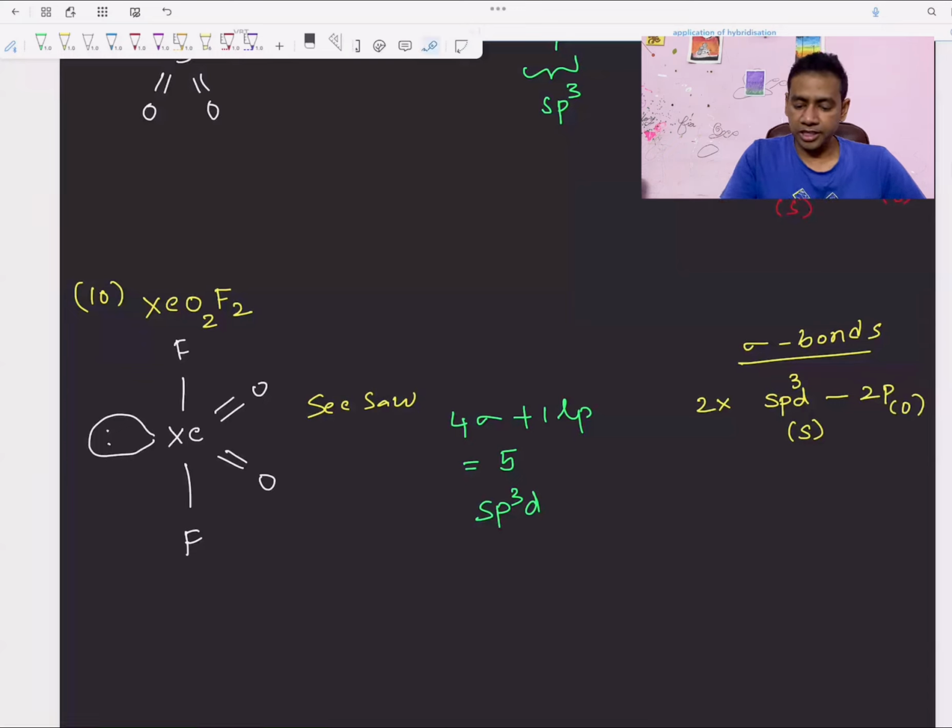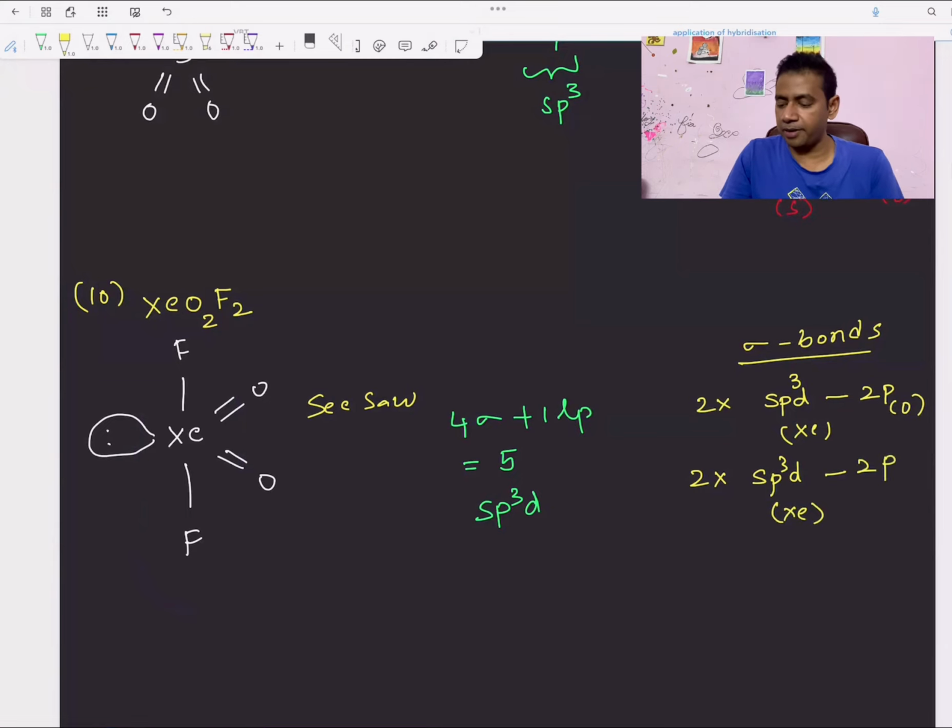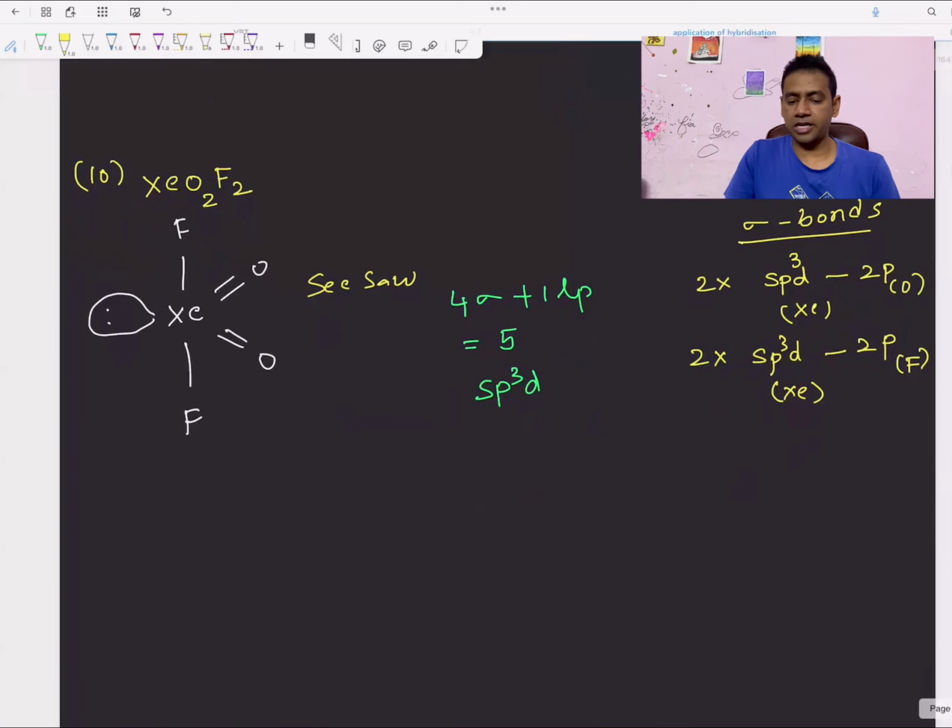It's not sulfur, it's xenon. And there are 2 such bonds formed from the sp3d hybrid orbital of xenon overlapping with the 2p orbital of fluorine, because fluorine is also a second period element. Of course, total 4 sigma bonds done.